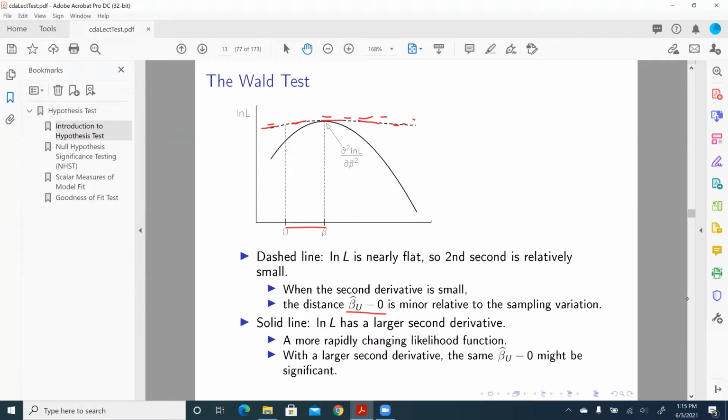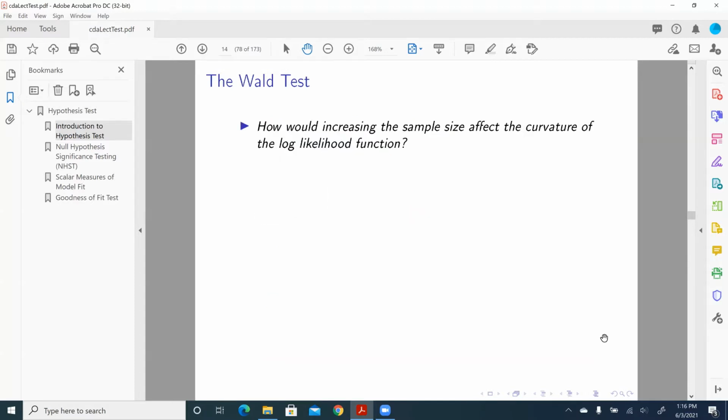It's always relative to the log likelihood curve. For the solid line, the log likelihood has a larger second derivative and a more rapid change in the likelihood function, so it changes much faster. With a larger second derivative, the same distance might be significant.